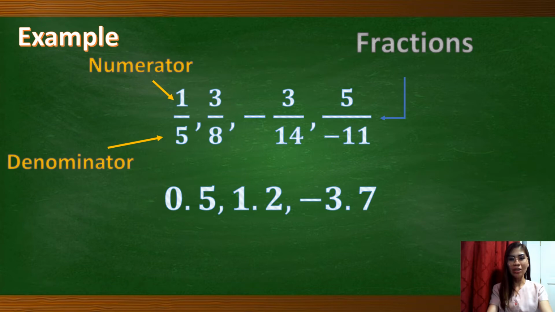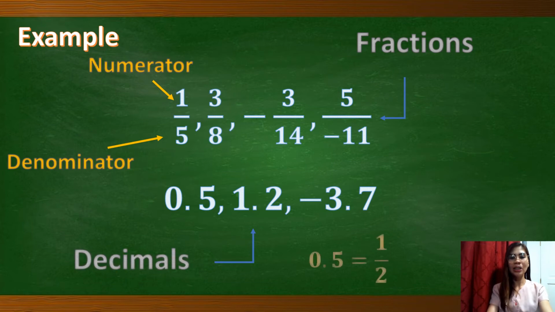If you notice, these numbers are also familiar to us. We call these numbers decimals, and decimal numbers can be expressed as fractions or in the form of p over q, where both p and q are integers and q is not equal to 0. Therefore, decimals are examples of rational numbers.